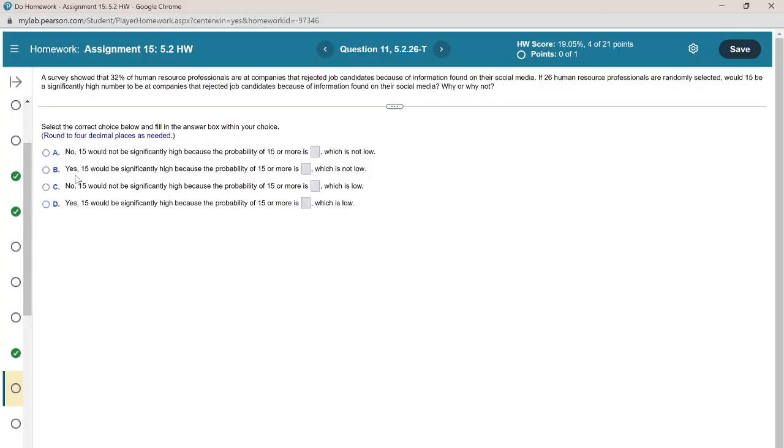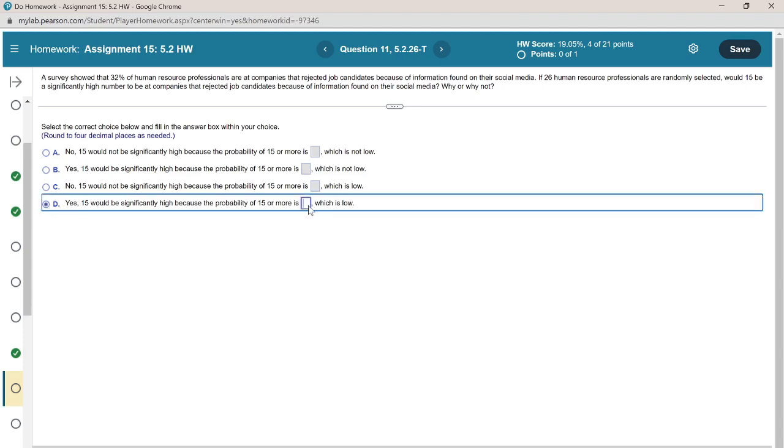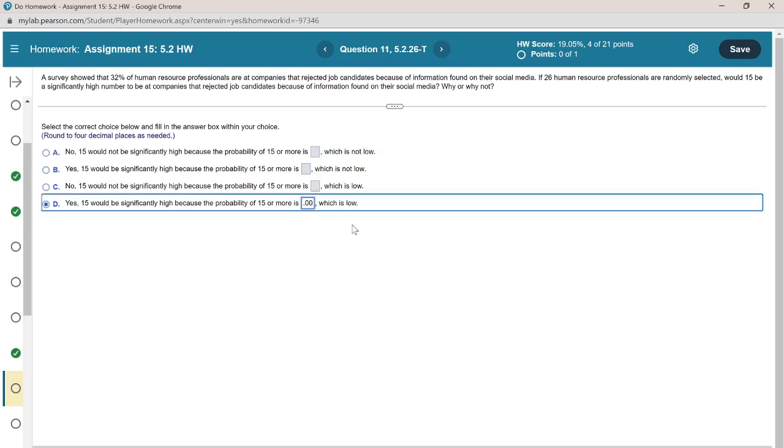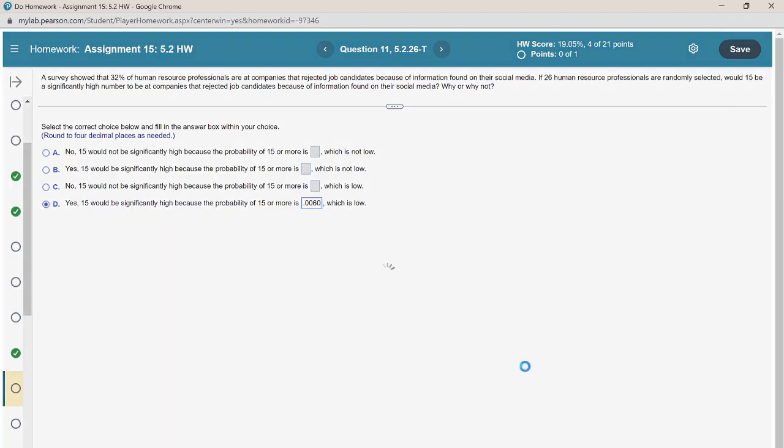So yes, 15 would be significantly high because the probability of 15 or more is 0.0060, which is low because it's less than 0.05. That's why it's significantly high.